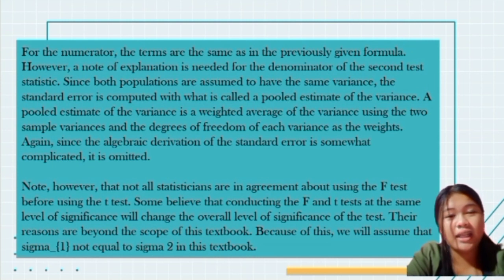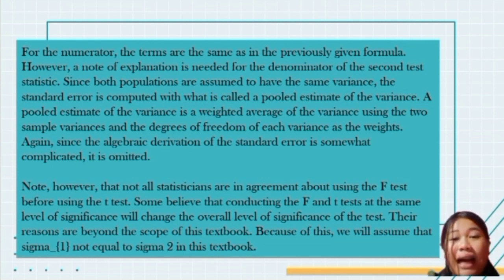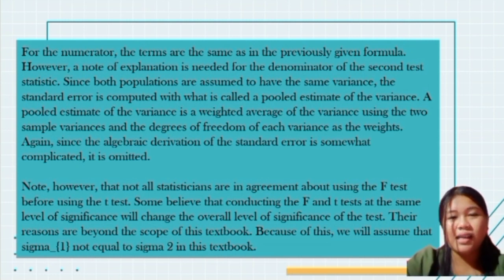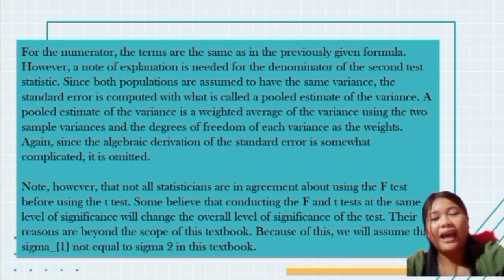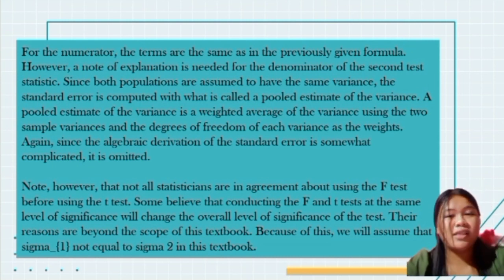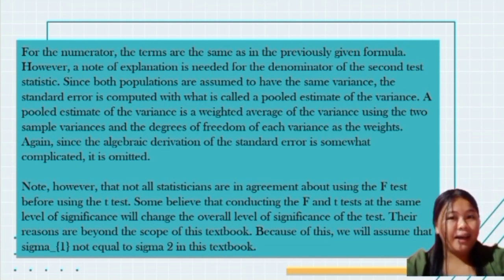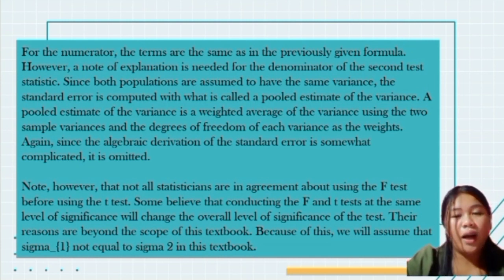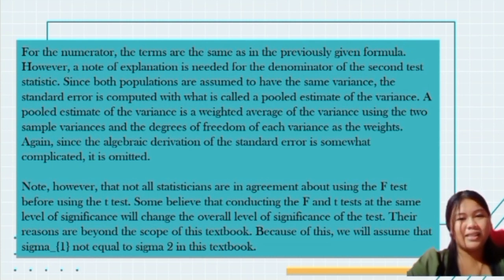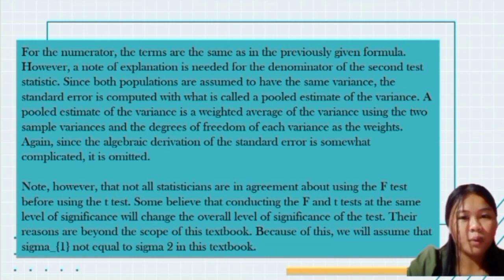Some believe that conducting the F-test and t-test at the same level of significance will change the overall significance of the test. These reasons are beyond the scope of this textbook. Because of this, we will assume that sigma sub 1 is not equal to sigma sub 2 in this textbook.